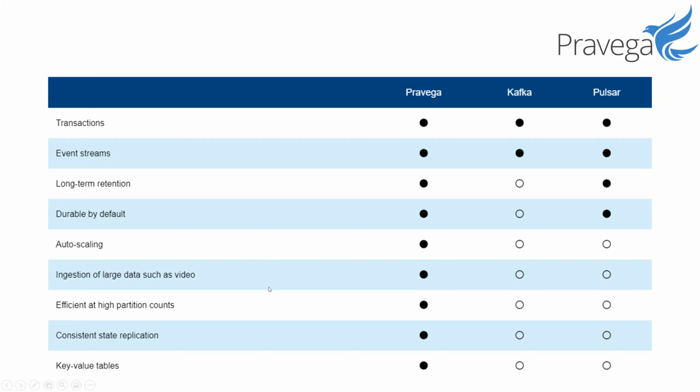There aren't segmented buffers. We're efficient at high partition counts as well as at high producer counts. I'll show that in the next slide. Consistent state replication, that's using the guarantees of our segments to do the state replication, and then key value tables is a recent addition to Pravega.